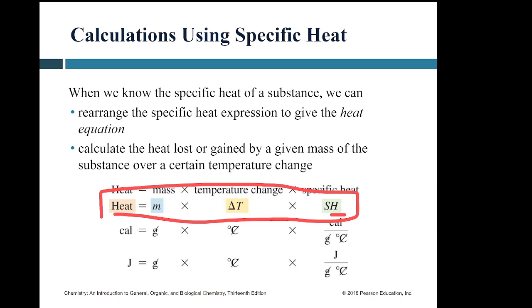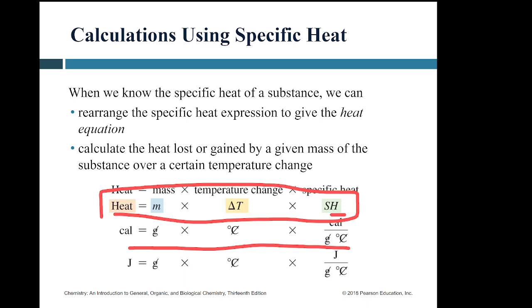Notice that the units actually just work out exactly like we had just talked. In this case, we're just going to cancel off everything but calories, aren't we? And so that's all you have to do if you ever want heat from a specific heat. You just cancel everything but the calories or joules, right? Which is the energy, the heat.